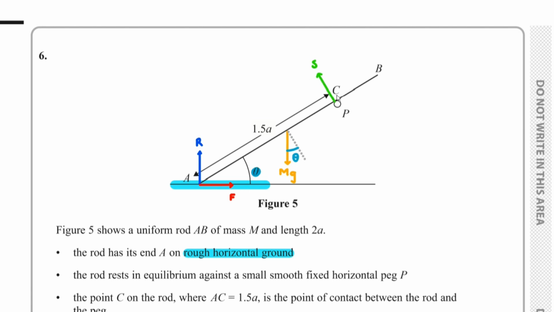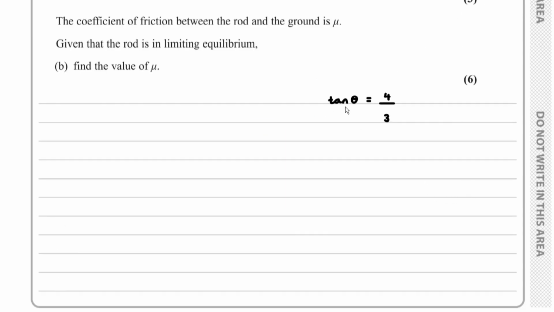We've got the normal reaction S. Here we have the angle theta, and also here. If we know tan theta is equal to 4 over 3, constructing a right angle triangle, the hypotenuse is equal to 5, from which we can state sin theta is equal to 4 over 5 and cos theta is equal to 3 over 5.